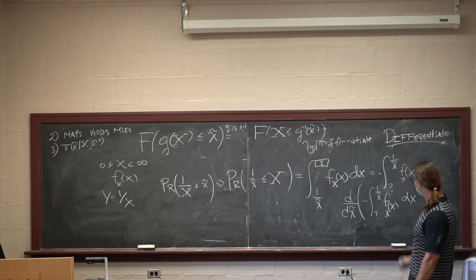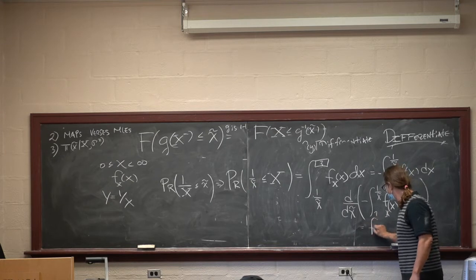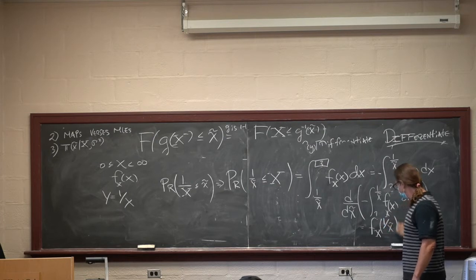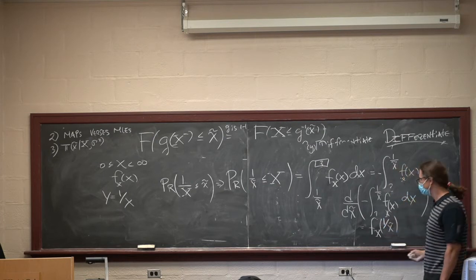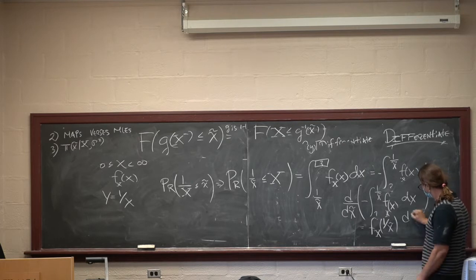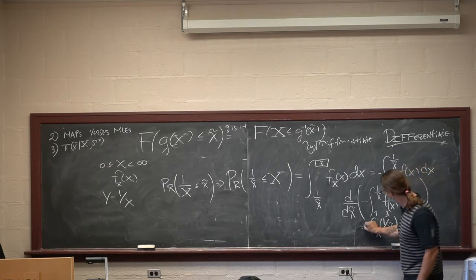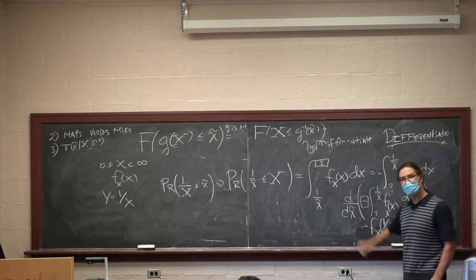So I'll put a place there. Fundamental theorem of calculus. This is going to be f of x, 1 over x tilde. That's the inverse function that's getting plugged in here. And then the derivative of 1 over x tilde, I'll write it down as x inverse. There's a negative sign in here. It's that one.